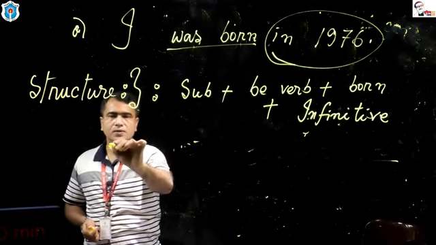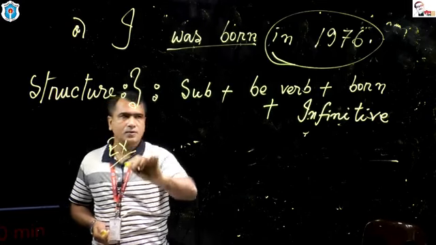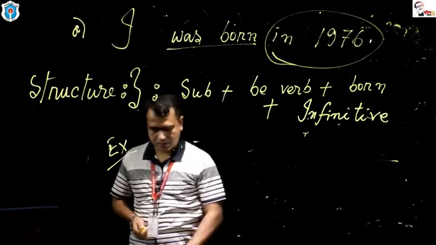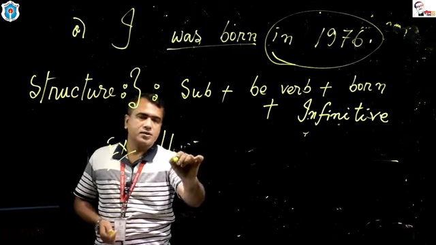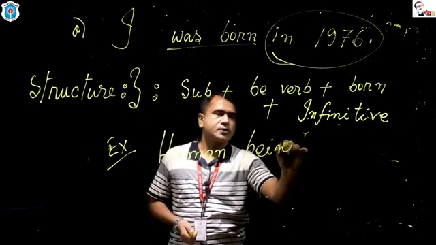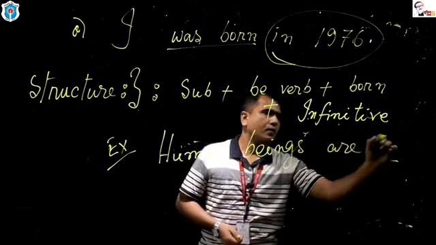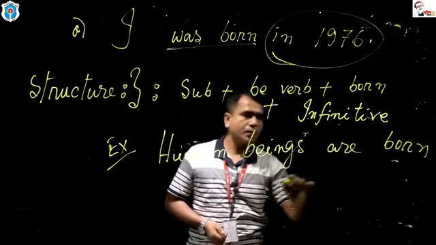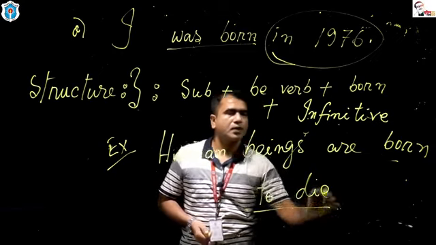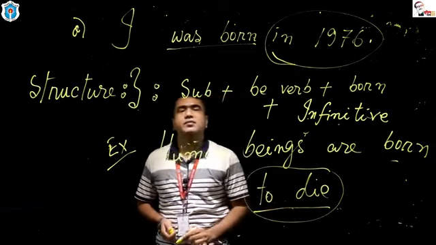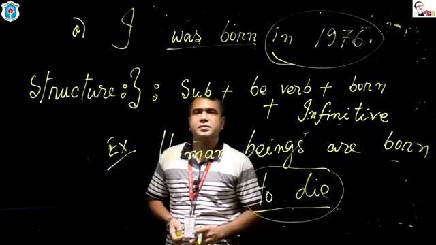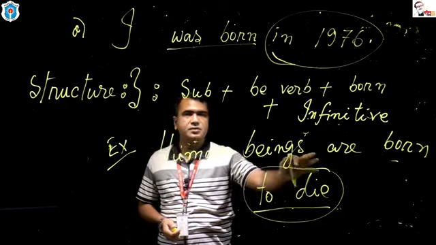So we see be born can be used by following this structure. Here is a universal truth. Human beings are born to die. Here we have used the infinitive phrase to die. The human beings are born to die, as it is a universal truth. We have used present tense of verb.